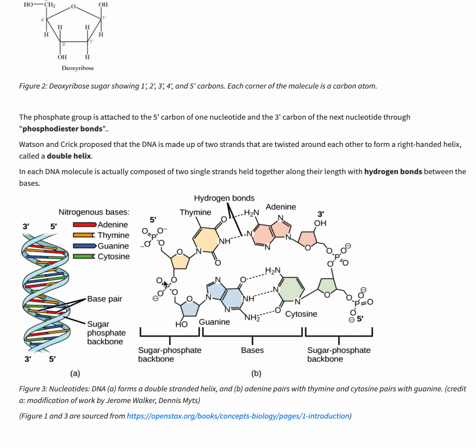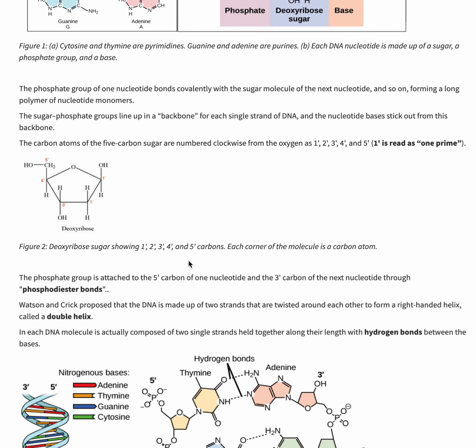And the phosphate group is connecting the first nucleotide with the second nucleotide. There is no other connection between the first and second nucleotide. And this connection is known as a phosphodiester bond.